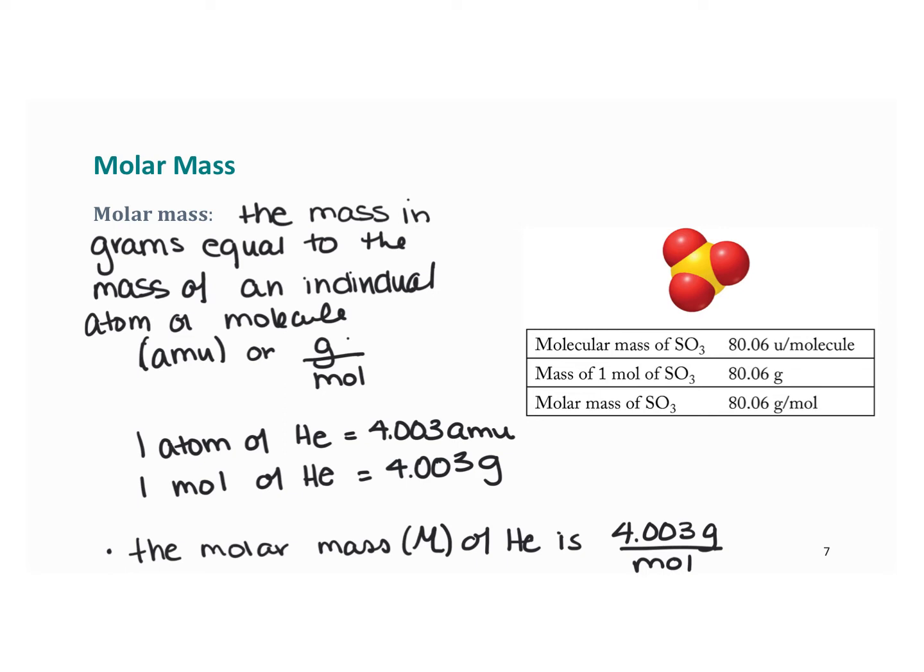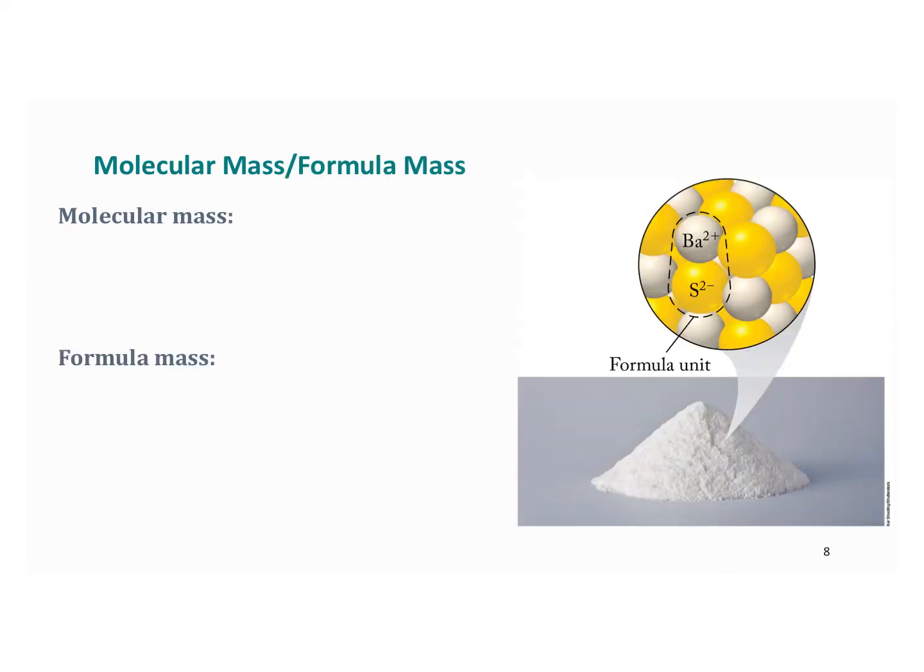Now, I want to talk a little bit more about molecular mass. So we talked about molar mass. Molecular mass is just the mass of 1 molecule of a molecular compound.